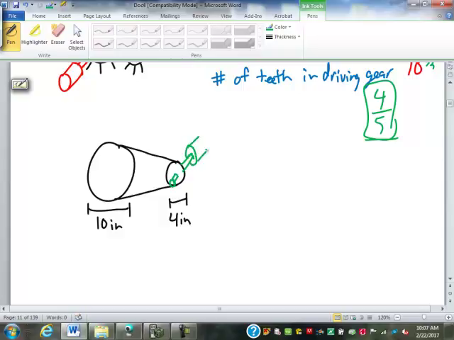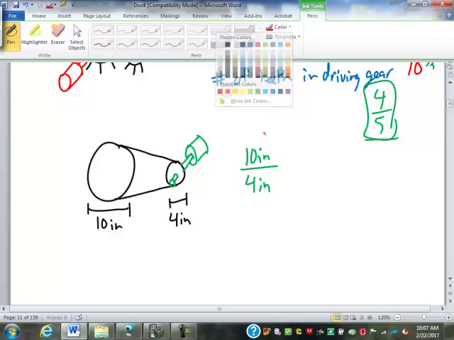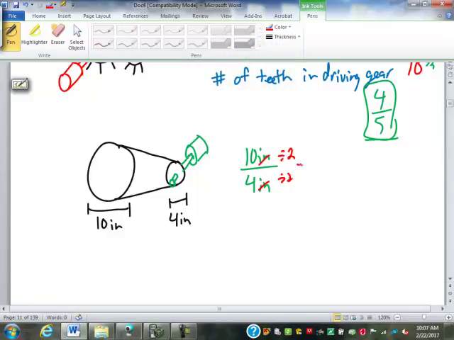So pretend that looks like an electric motor. So now if I cut the belt, which pulley is going to stop turning? The 10-inch. So that's the driven pulley. The 4-inch is the driving pulley. So the inches cancel out, and both 4 and 10 can divide by 2. That's a 5 to 2 pulley ratio. So again, we don't necessarily reduce them down to a unit ratio.